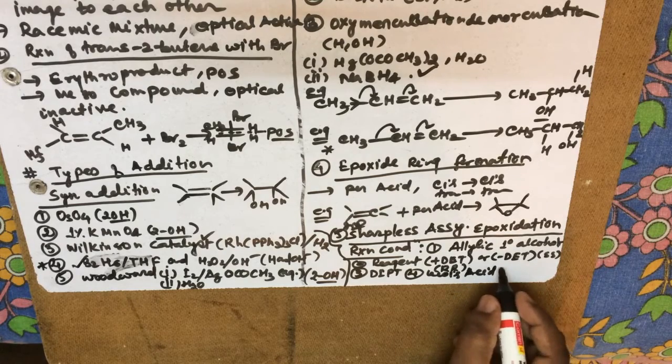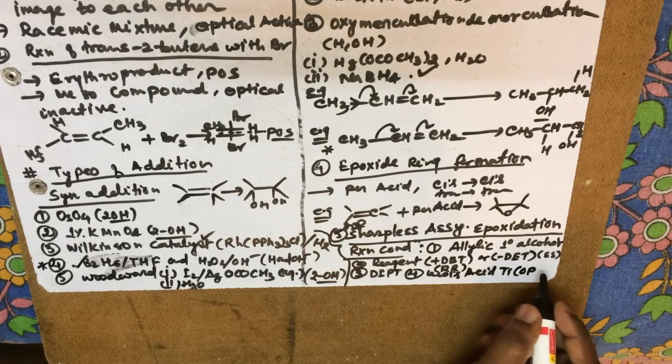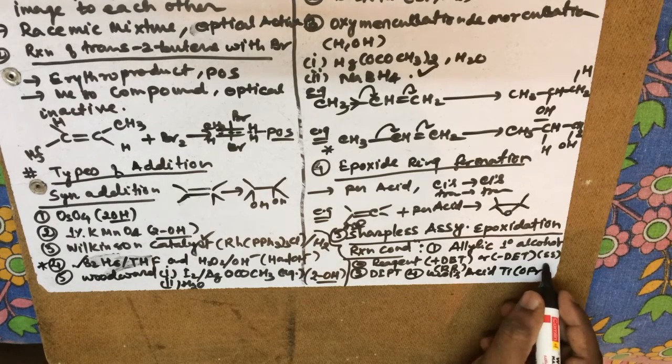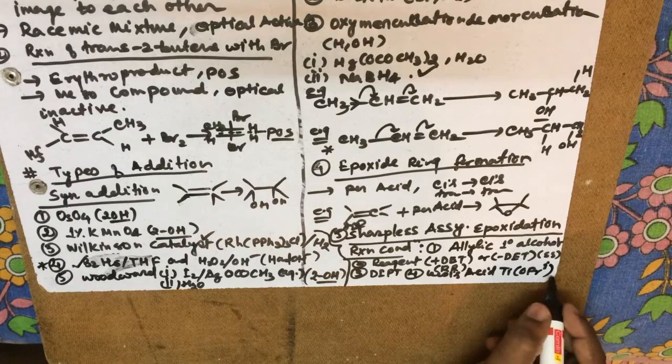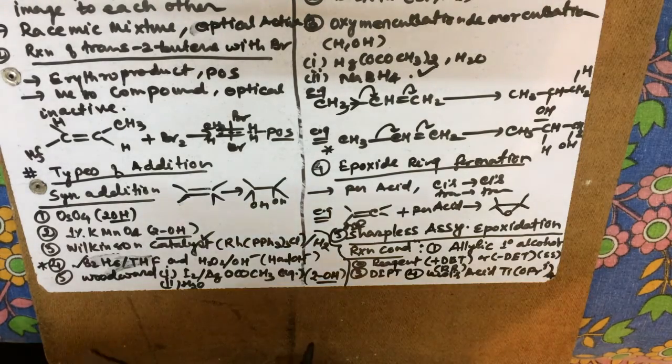Lewis acid means titanium tetraisopropoxide, Ti(OiPr)4.